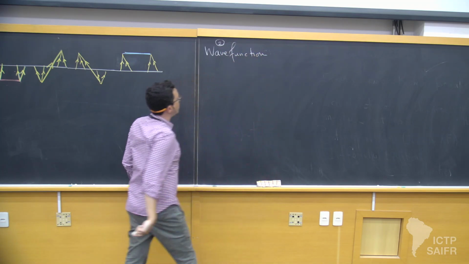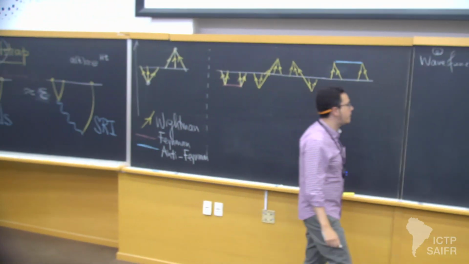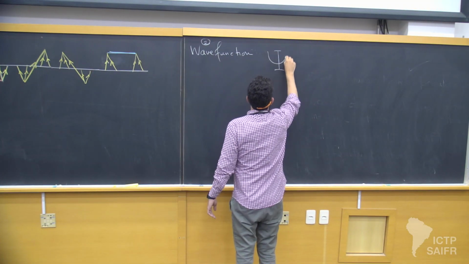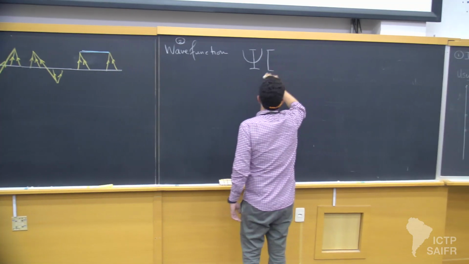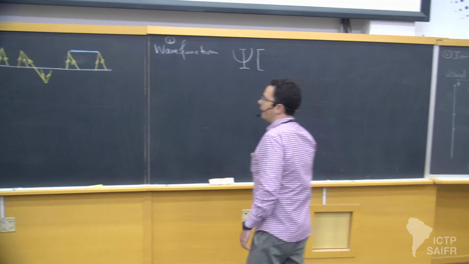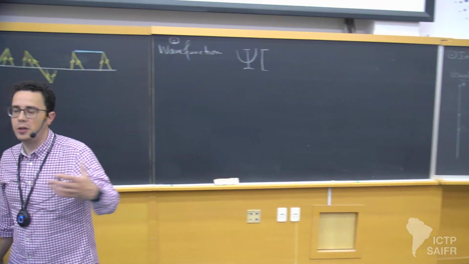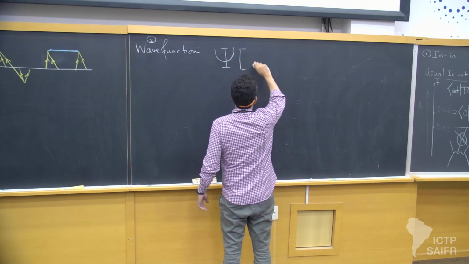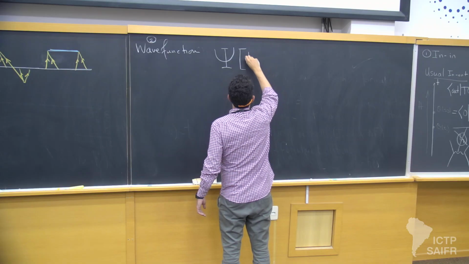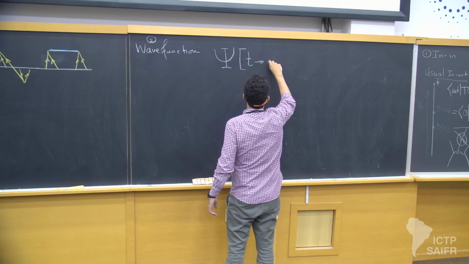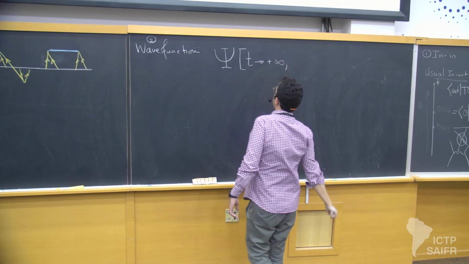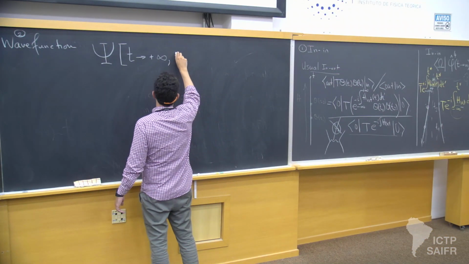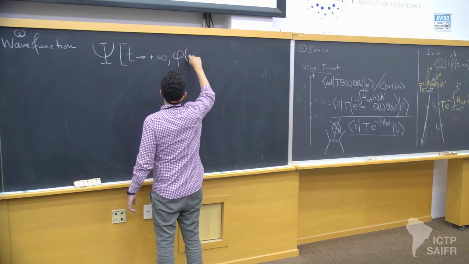For the wave function, what you're interested in is a different type of question. So the wave function of the universe, it's a bit funny. It's like a Schrödinger picture QFT. So we compute at a given time, t star, or t going to plus infinity, the amplitude for the universe to have a specific field configuration, phi of x.